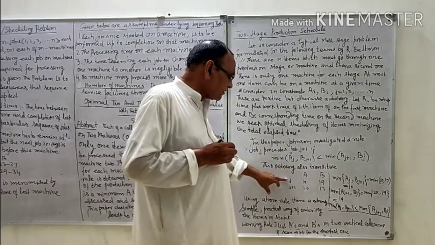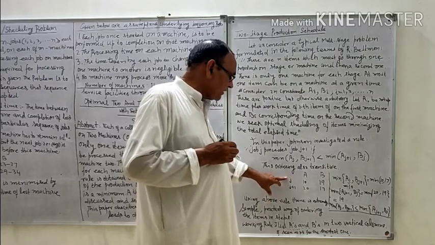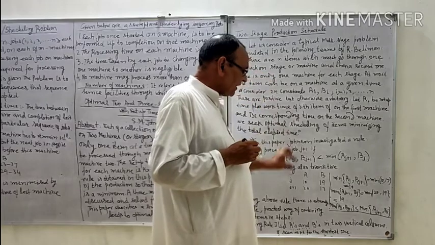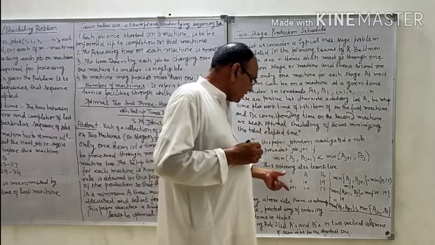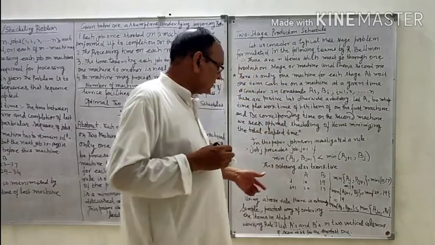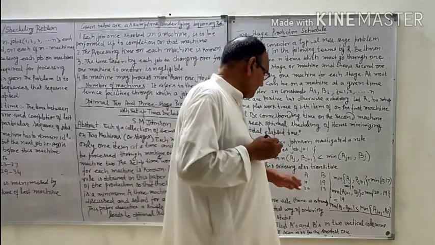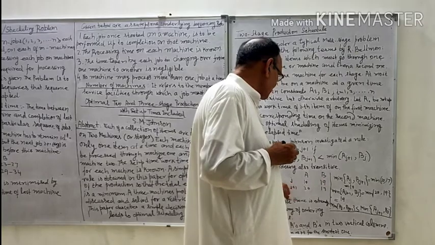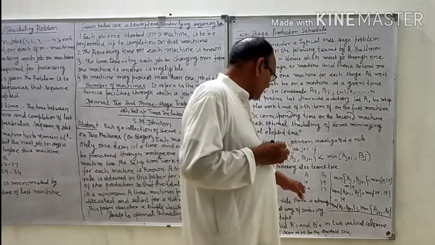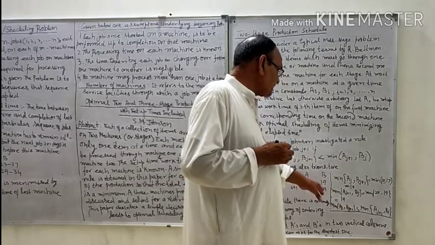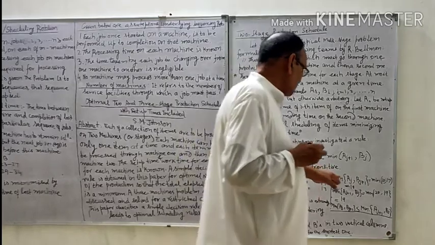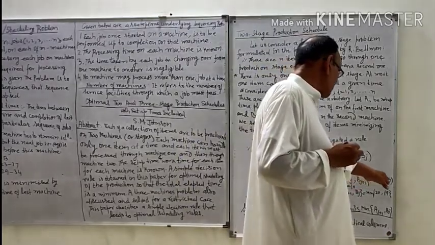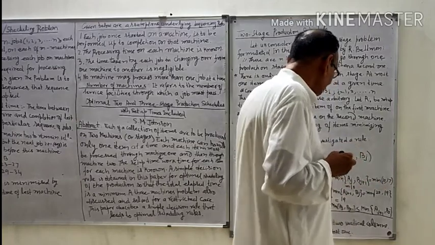No, it can be 7, it can be 9, it can be 10. In the sequence, it is a combination of two jobs. So now A_J is 10, B_J 19, A_(J+1) 20, B_(J+1) 17. So here minimum of A_J, B_(J+1) is equal to minimum of 10, 17, which is 10.